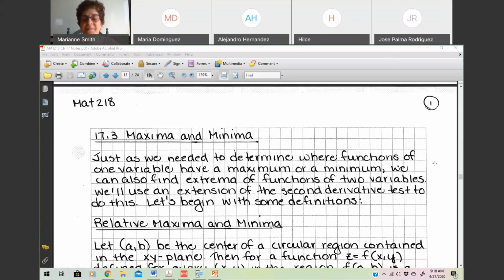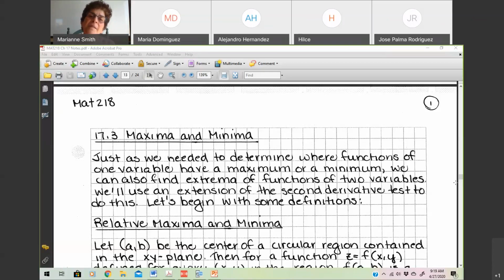Okay, this is section 17.3. And again, the point here is to try to find the high and the low values of our function of more than one variable. So for example, if you have a joint cost function, you might want to know what values of the two variables, maybe there are two products that you make and the costs are intertwined, what values of making each of those products minimizes your cost, and what is that minimum cost, okay?